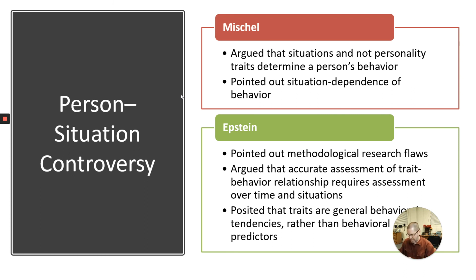Person situation controversy. So we have Walter Mischel, and he is 1930 to 2018, and Robert Epstein, just born in 1953, so a few years older than I am, which is, by the way, really old. So here's Walter Mischel. He argued that situations and not personality traits determine a person's behavior.